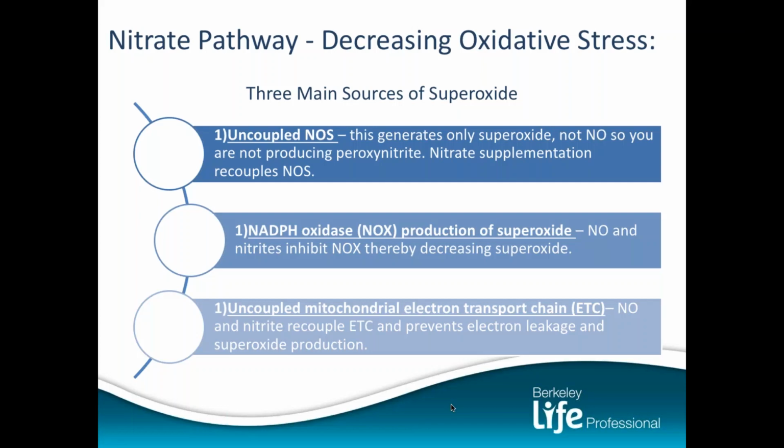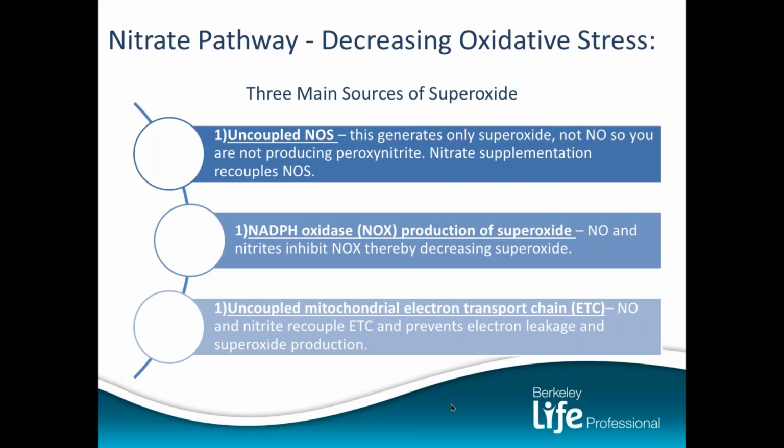So when you're making this superoxide, you're not producing the peroxynitrite because you're not making the nitric oxide. And through one of my papers, I talk about how nitrate supplementation recouples NOS. So when you recouple NOS, you're making nitric oxide, not superoxide. So you're decreasing the amount of peroxynitrite being made.